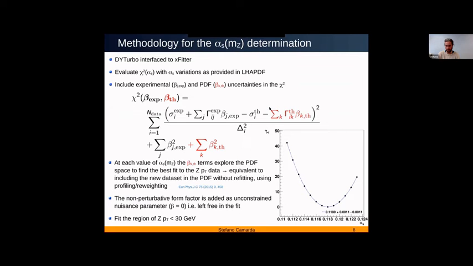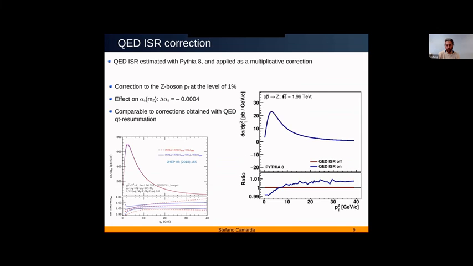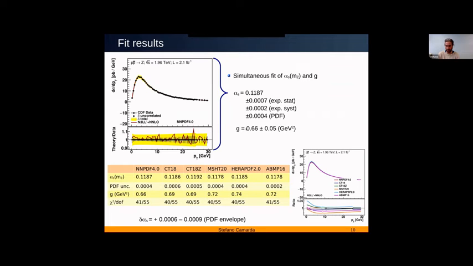That would be, from a technical point of view, more stable, but it should lead to the same result. Here you don't see explicitly the G uncertainty because G is a free parameter. But if I fix G, all the uncertainty gets divided by 2. That means there is still something at the level of 50% correlation between G and alpha S. So G is really limiting the alpha S precision.